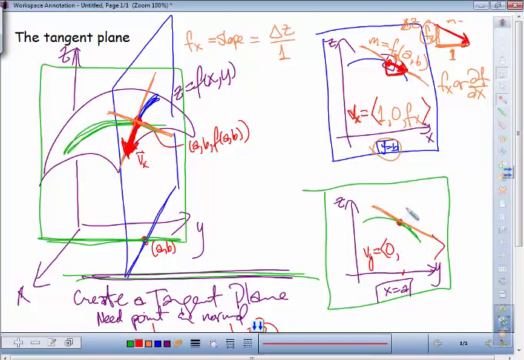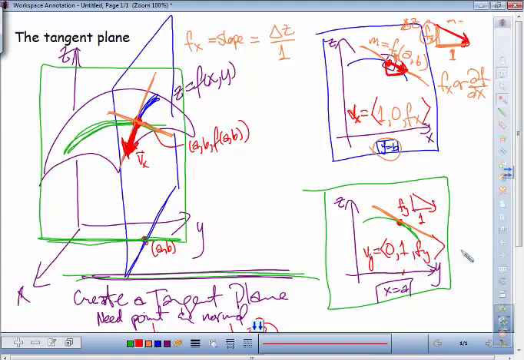And if we draw that same rise over run business, if you make the run equal to 1, the run goes along in the horizontal direction. In this case, it's the y. And the slope of this line, we said, was the partial derivative of f with respect to y.